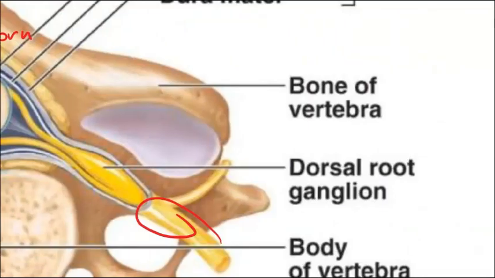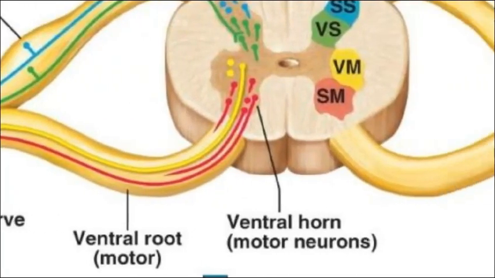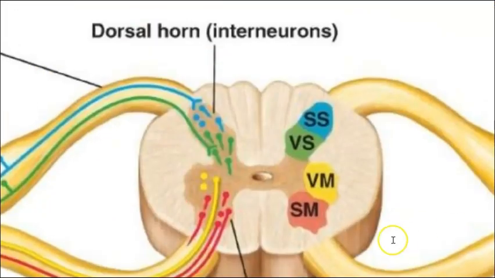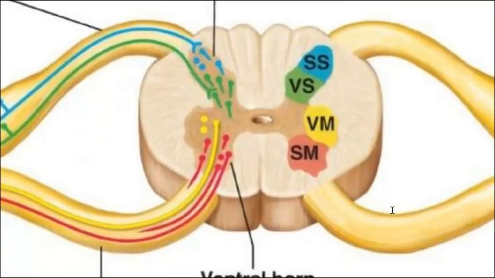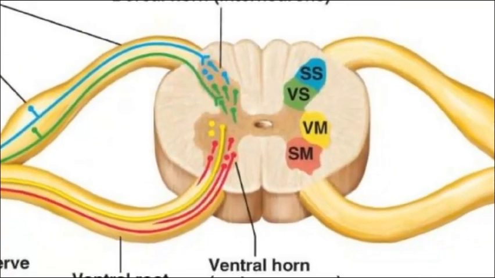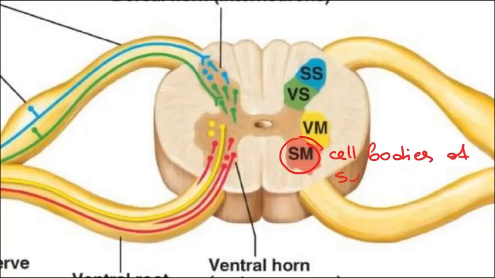Always. Why is it important? When you start looking at the neurons that are commonly found in all these horns. Your anterior horn contains the cell bodies of the somatic motor neurons.